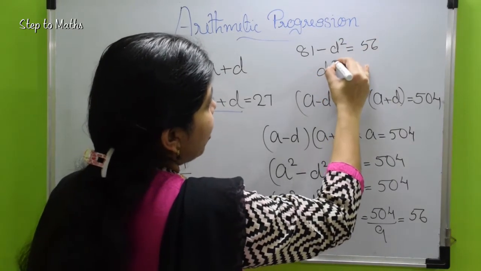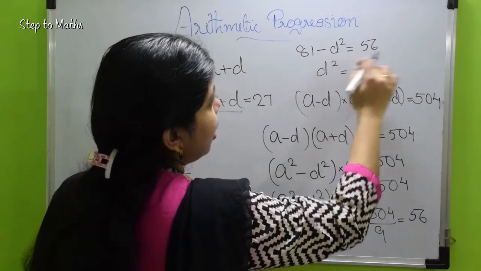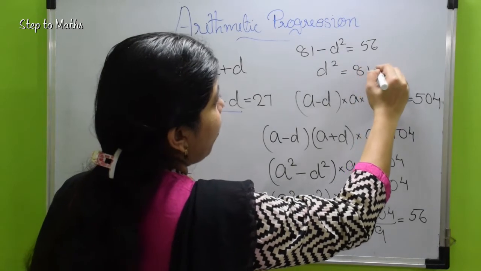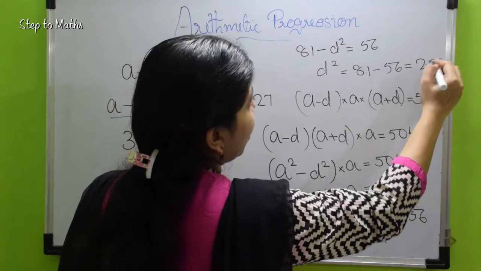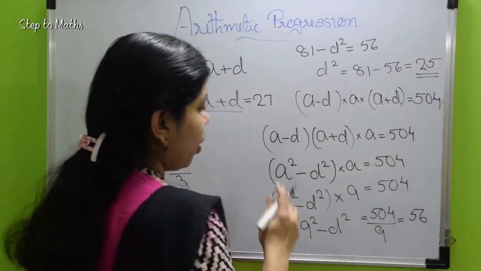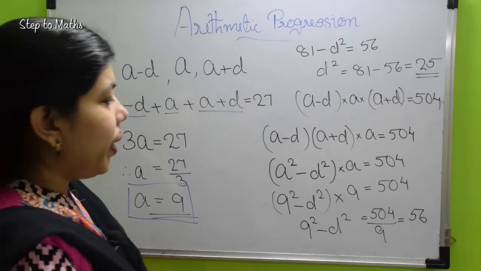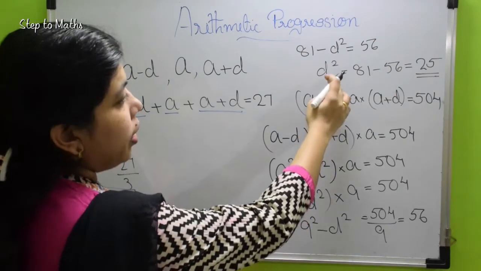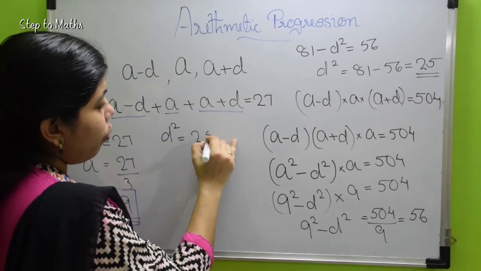That is d square is equal to 81 minus 56 is equal to 25. We get the value of d square is 25.